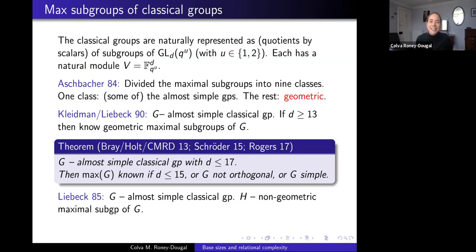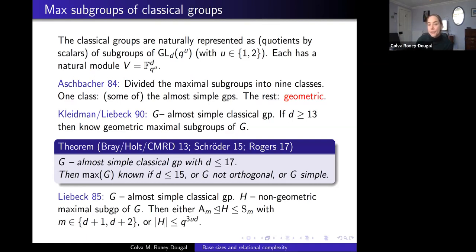There's lots of extra conditions going on there, but it's a non-geometric maximal subgroup of G. Then either H is alternating or symmetric, and we know M is either D+1 or D+2. So this is essentially represented as permutation matrices and then take some natural quotients to make the thing irreducible.